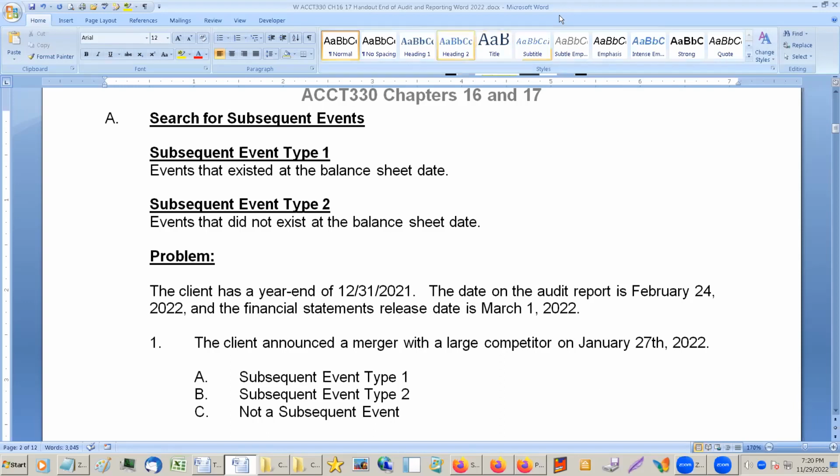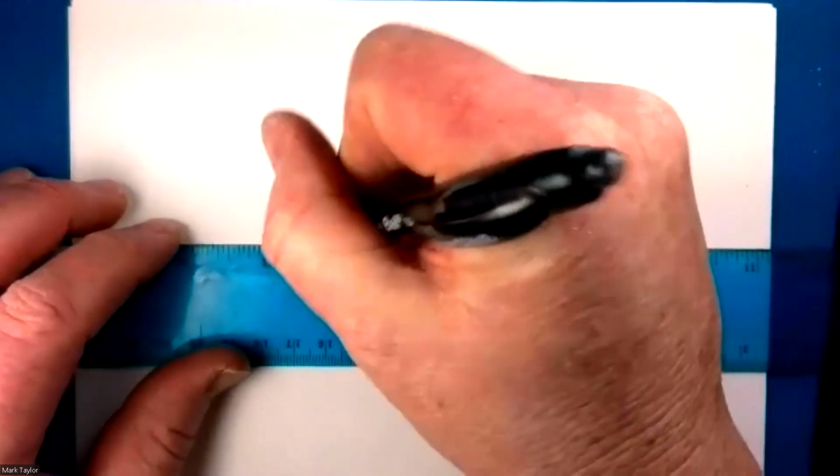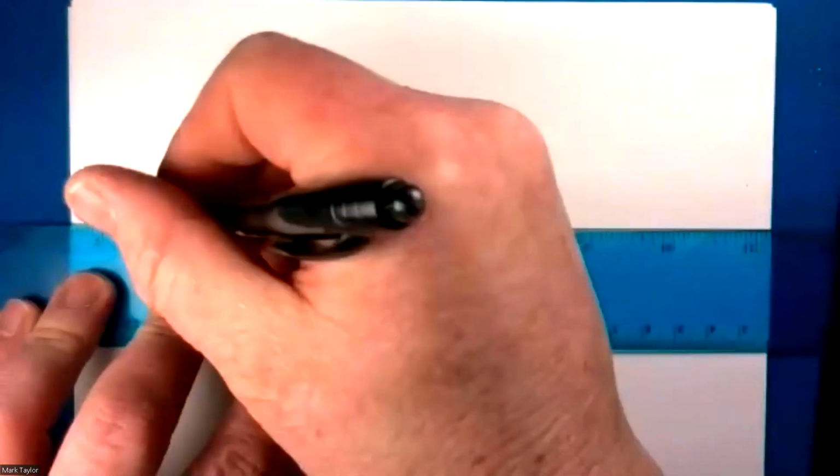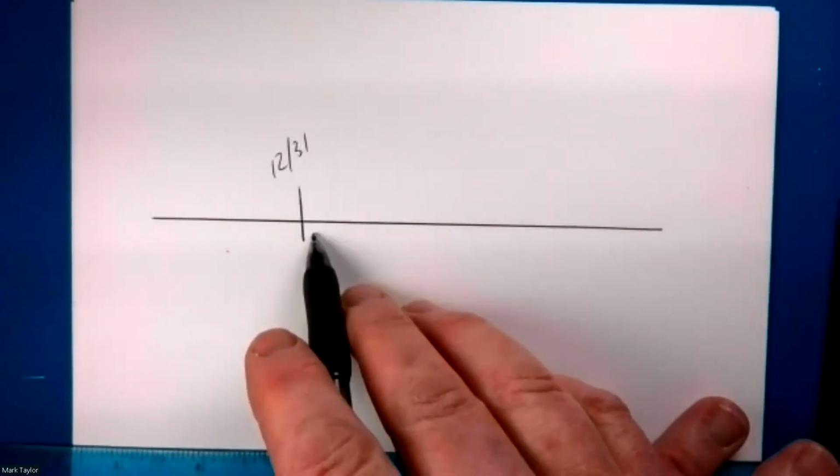Okay, now I do want to change the camera. So it's kind of like this. Here's their year end, 12/31.